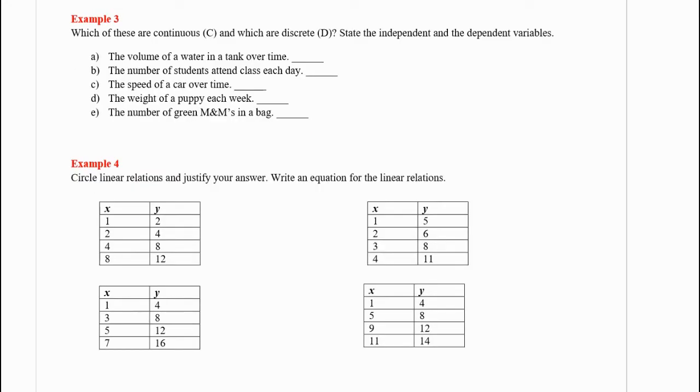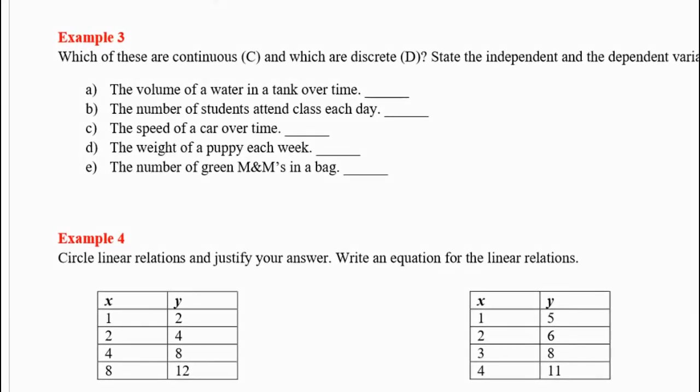Okay, example 3. Which of these are continuous and which are discrete? State the independent and dependent variable, okay? So I said continuous variables are measurable and discrete variables are countable.